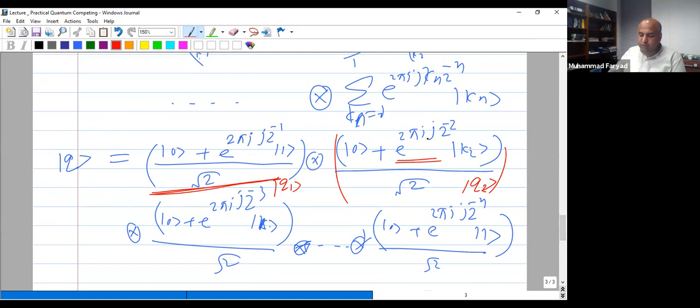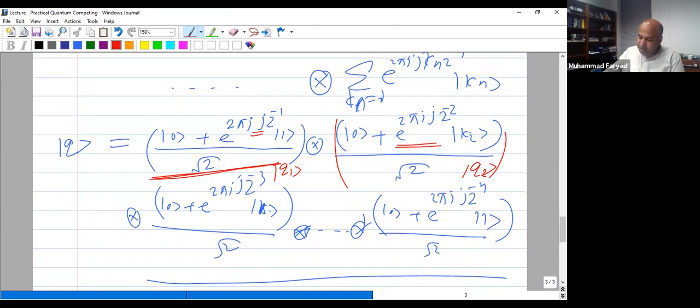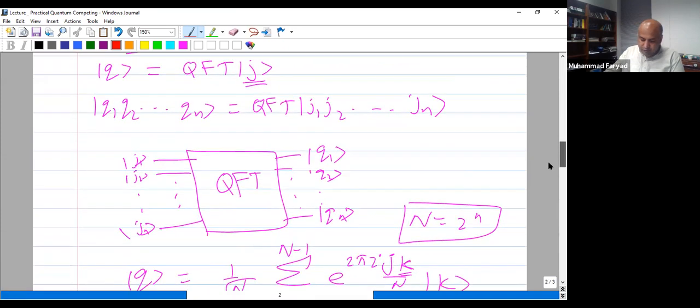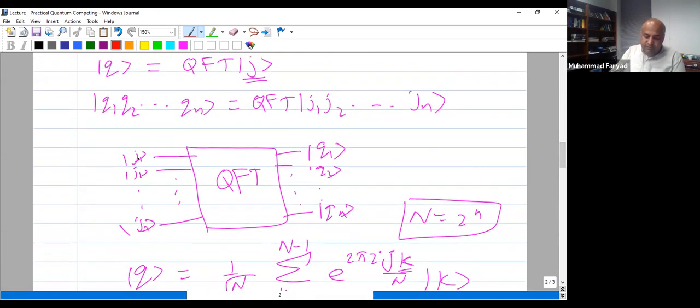So we will need n different types of phase gates over here implemented on each of the qubits, and which are controlled by all inputs, because this J is going to be computed using all the bits of the input state. So this J is this state, so it comes from this state.